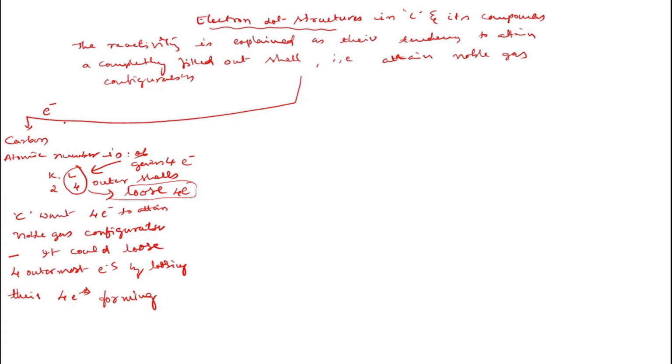The carbon formed is a cation, that is C4 plus cation. I think you understood why we got this 4 plus.